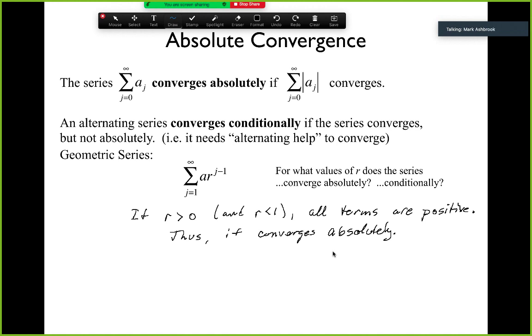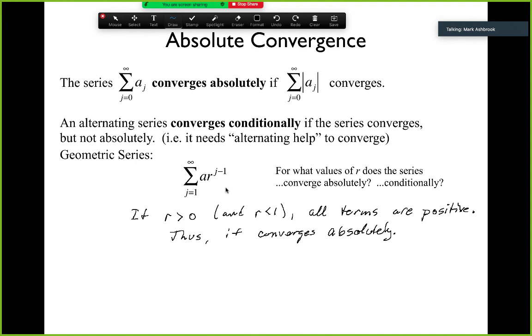Okay, so now, if r is negative, then we wouldn't be able to use the alternating series test, right? Well, we wouldn't need the alternating series test because we are analyzing it as a geometric series. I mean, we could use the alternating series test if r is negative because it will alternate, but we don't need to because we know the facts about geometric series without knowing the alternating series test.